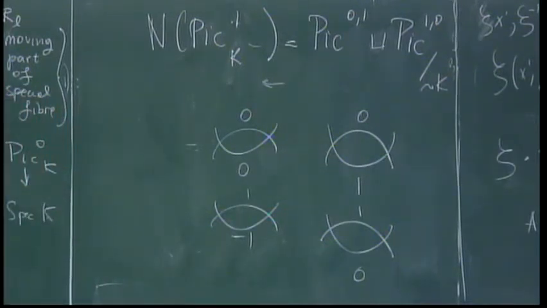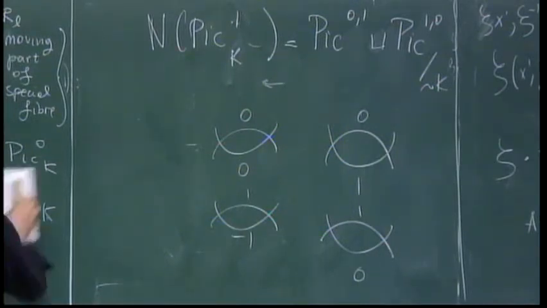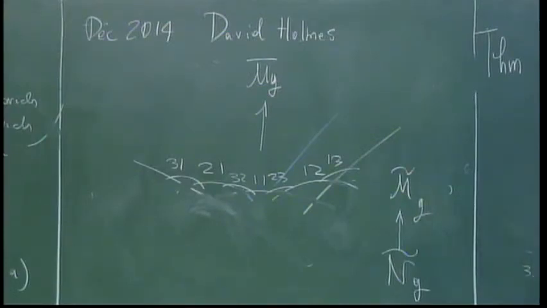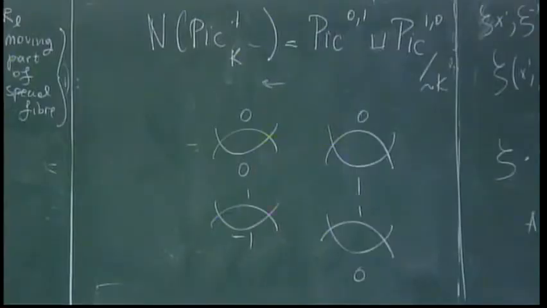Okay, so in this approach, finally, how does that solve the problem? Well, in this approach, you can consider that all line bundles have degree 0.